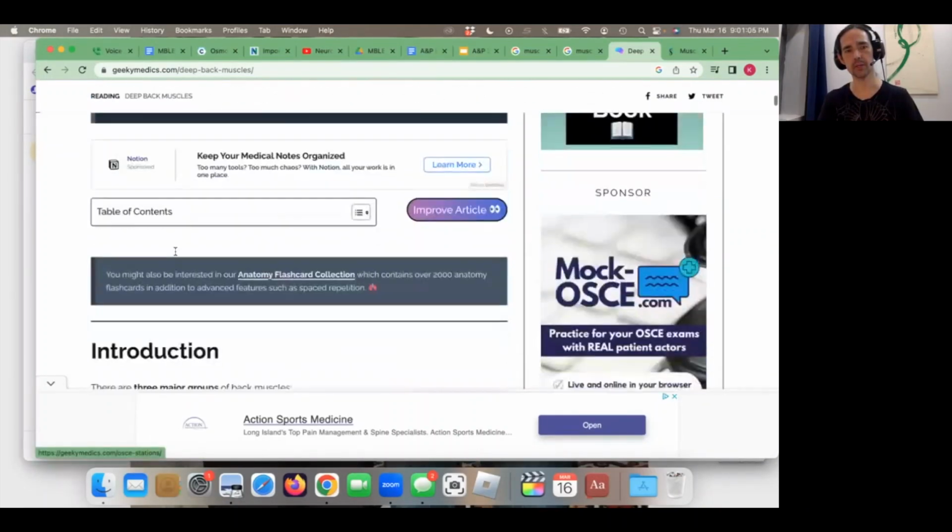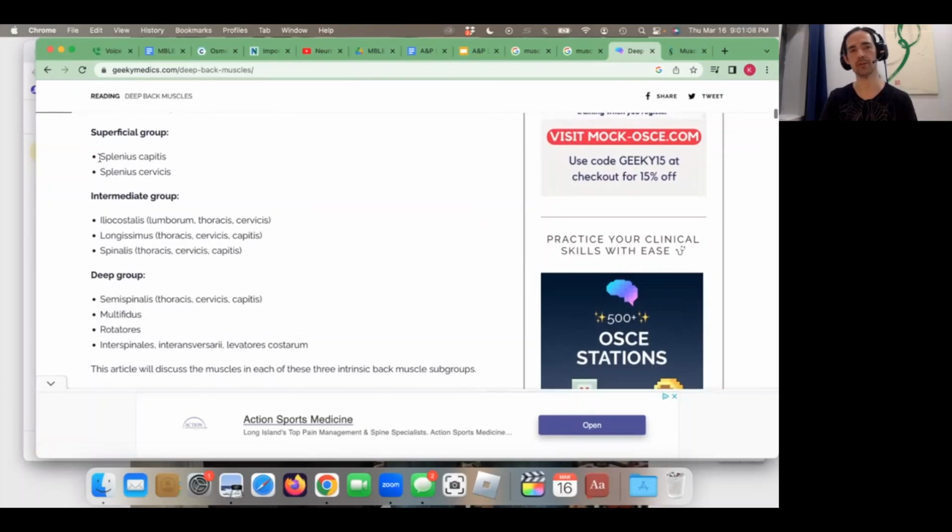The summary is the 2 groups we just covered are the splenius capitis and splenius cervicis. And then the intermediate is I love sex, which is iliocostalis, longissimus, and then spinalis. And they all have cervicis, thoracis.